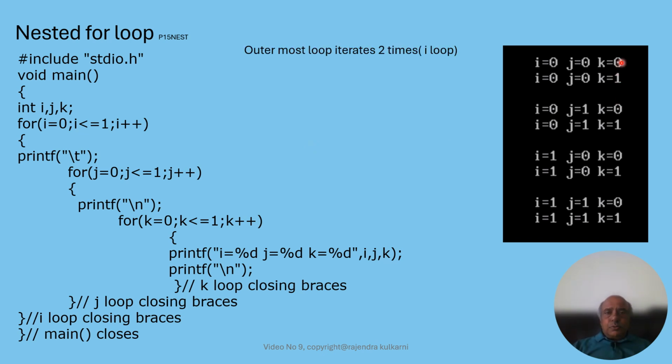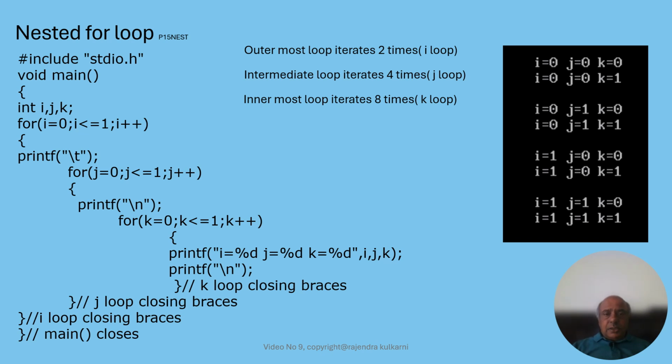So the outermost loop iterates 2 times: for i is equal to 0 one time, for i is equal to 1 the second iteration. The intermediate loop, the j loop, will iterate 4 times: first for j is equal to 0, then j equal to 1, for i is equal to 0, and then again for i is equal to 1, j is equal to 0, j is equal to 1.